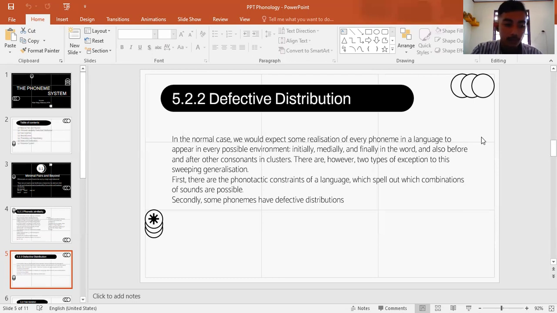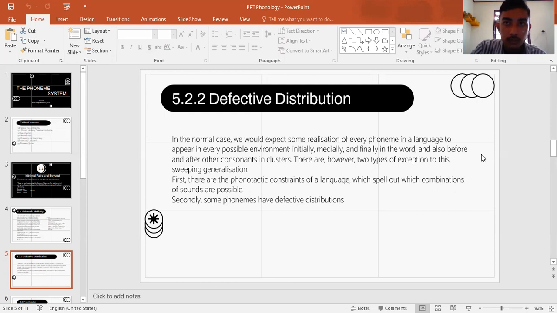And then secondly, some phonemes have a defective distribution. They are not only restricted in the combinations of consonants they can form, but are simply absent from some positions in the word.